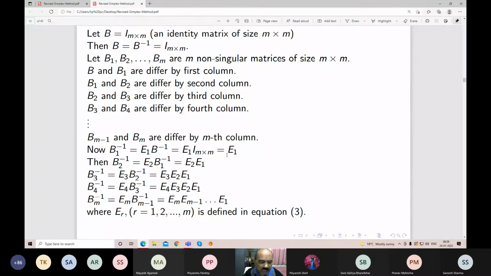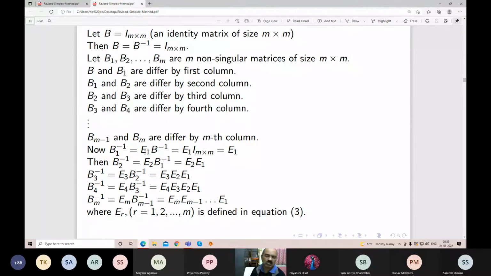Now the question is, what is E1? E1 is an identity matrix whose first column we are replacing with the eta vector with respect to C1, because I have told the first column is different.